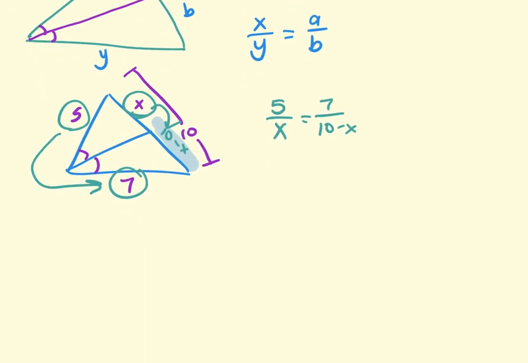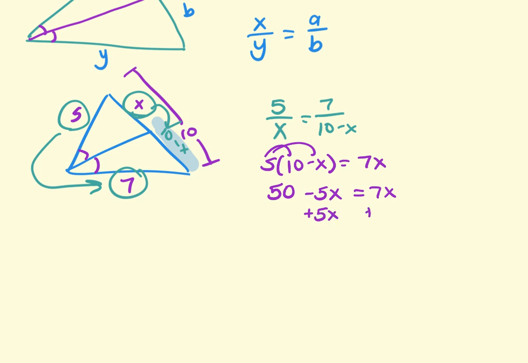Either way, from here, you would cross multiply, distribute the 5. So I'd get 5 times 10, which is 50. 5 times X equals 5X, and 7X on the other side. And then I'd add the 5X. 50 would equal 12X. Divide both sides by 12.